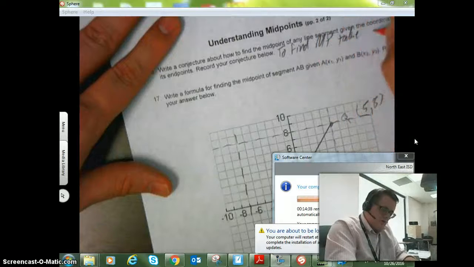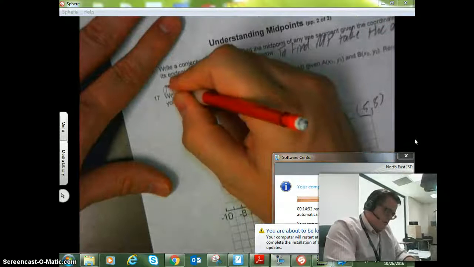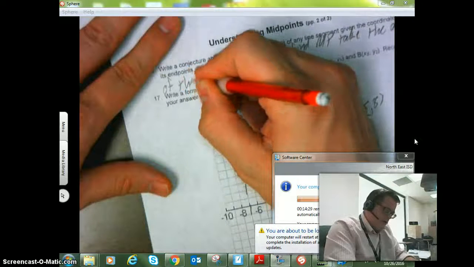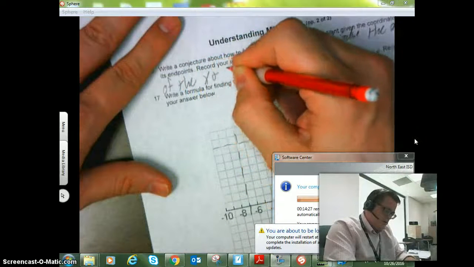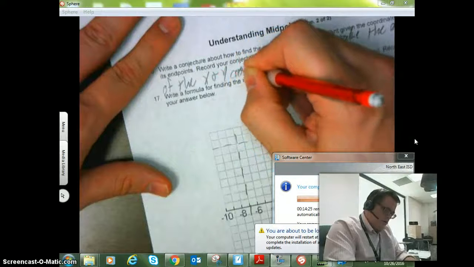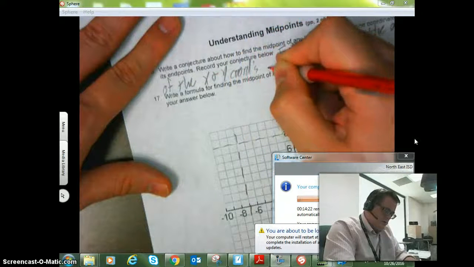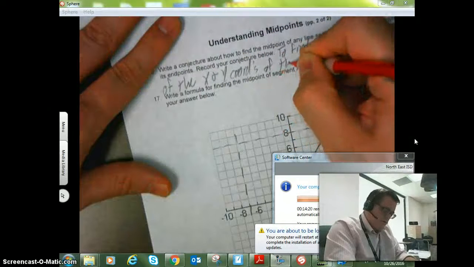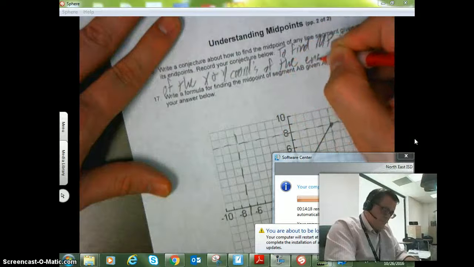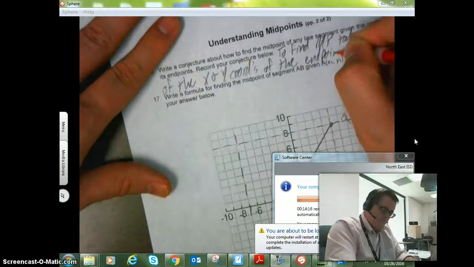Take the average of the x and y coordinates of endpoints.